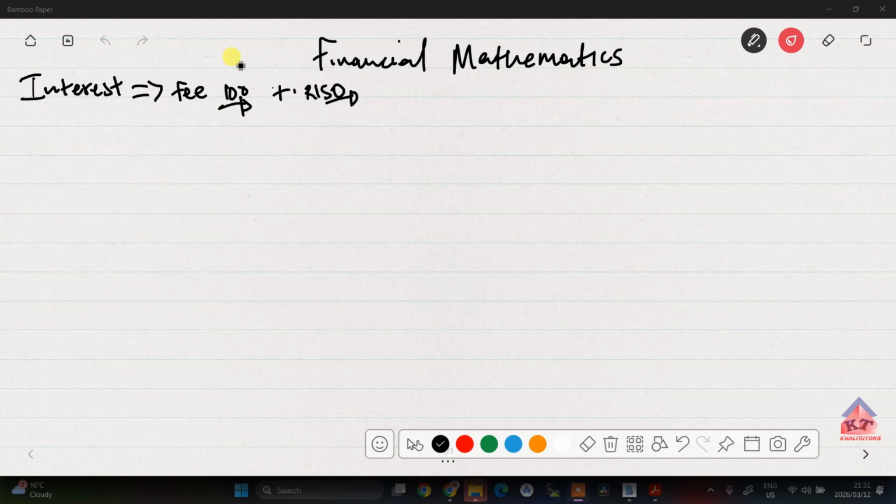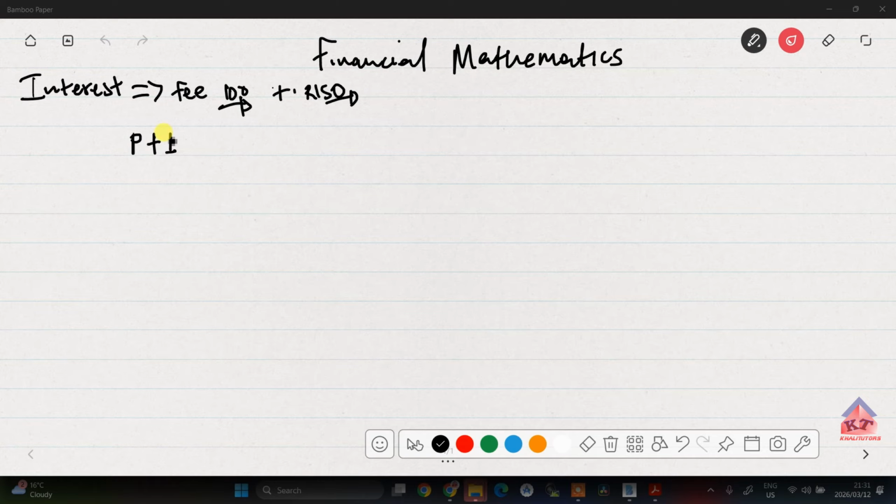So what we can take from this example here is that if I lend someone money, we regard the money as principal, okay? It's called the principal amount. And we are going to denote it using P, okay? So the principal amount is the money that I lent someone. And if this money earns interest, I expect that after some time, I'm going to get my principal amount plus interest.